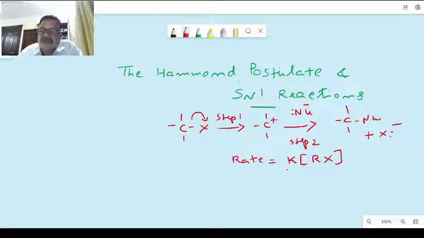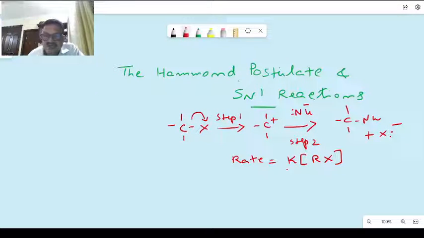Now, the rate of the SN1 reaction increases as the number of R groups, that is the alkyl groups, on the carbon atom with the leaving group increases. That is one point. Another point is the stability of the carbocation. The stability of the carbocation increases as the number of R groups on the positively charged carbon atom increases.